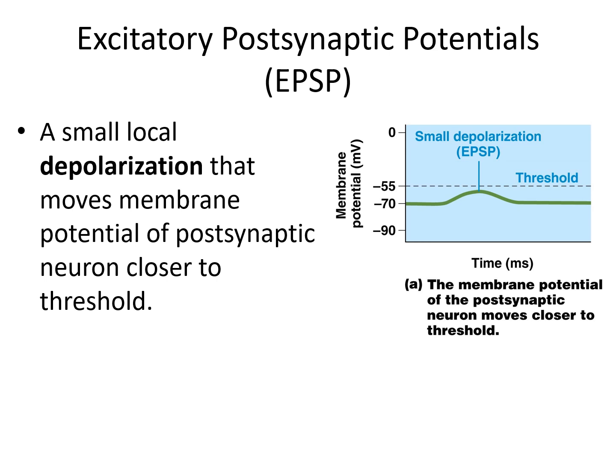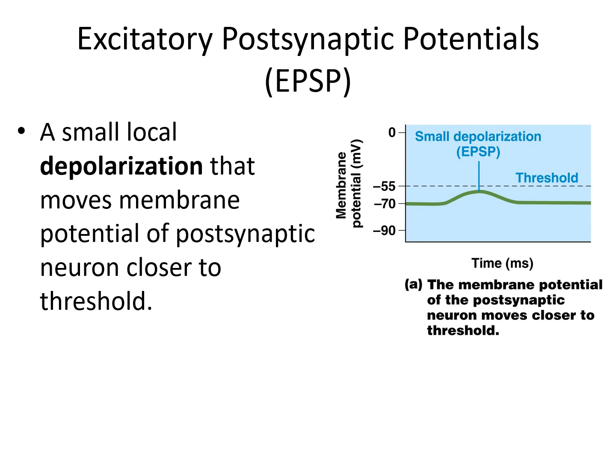And these result from a small depolarization that moves the membrane closer to threshold. So we see here the resting membrane potential. Okay? And due to the neurotransmitter receptor, we get a small depolarization, and we see that it's getting closer to threshold, indicating it's an EPSP.